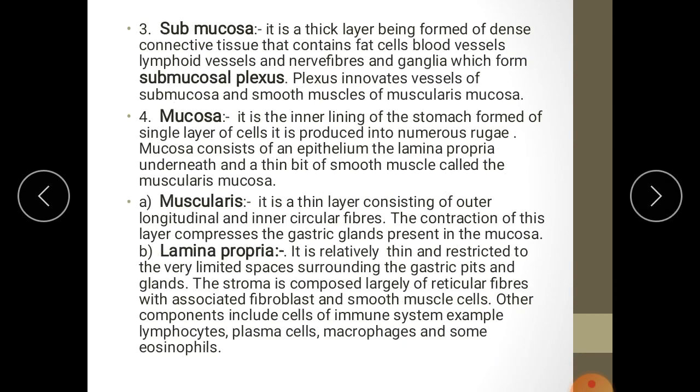So far two layers are completed. The outermost layer is serosa. Next to this one is muscularis externa. And the third layer is submucosa.